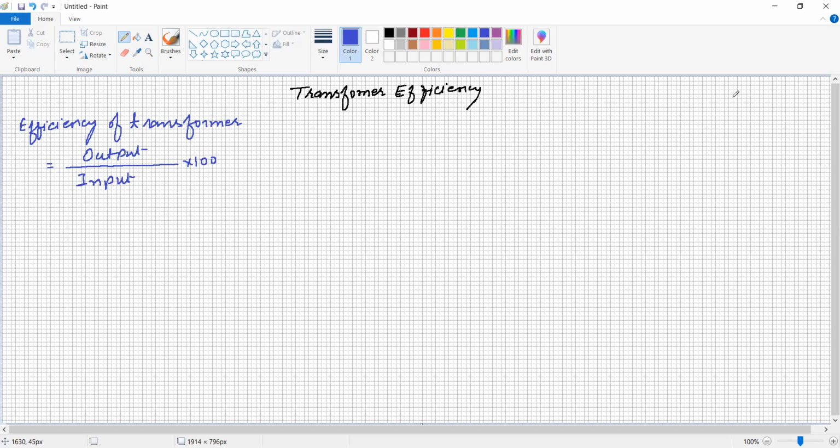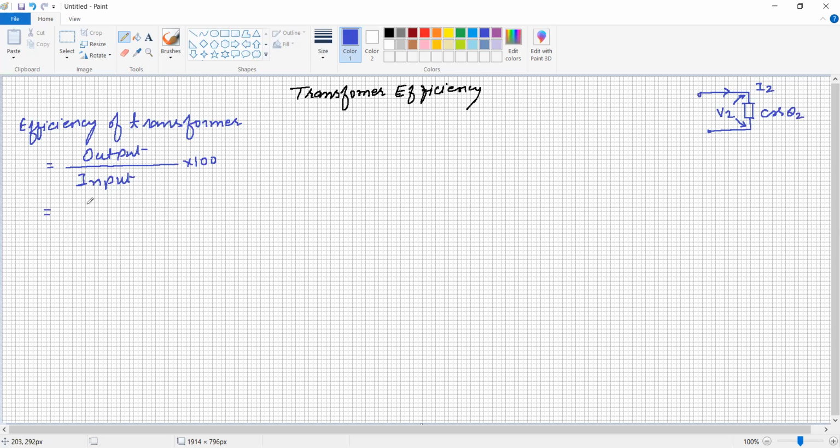For simplicity, we will take the secondary of the transformer. Say this is the secondary terminal. The current is I2 and voltage across the load is V2. So the output of the transformer is V2 into I2, and it may be written in terms of kVA, with the power factor cos phi 2.